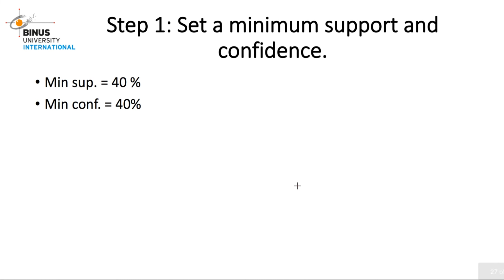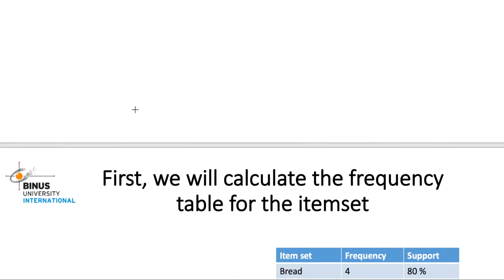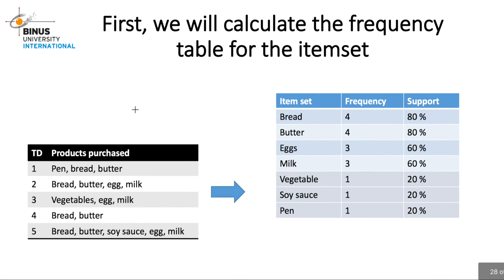Okay, step number one. For example, we want to set our minimum support at 40% and confidence is also 40%. Like the first example, first we need to calculate the frequency table for the item sets.